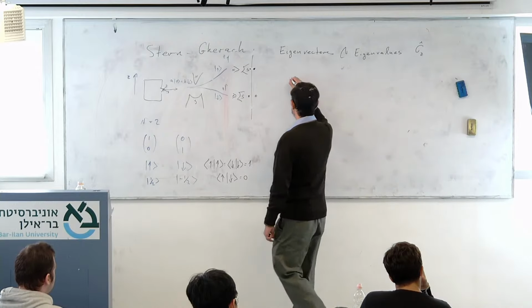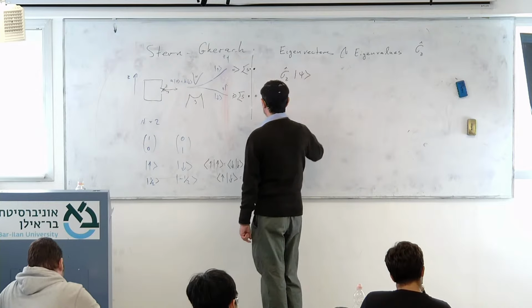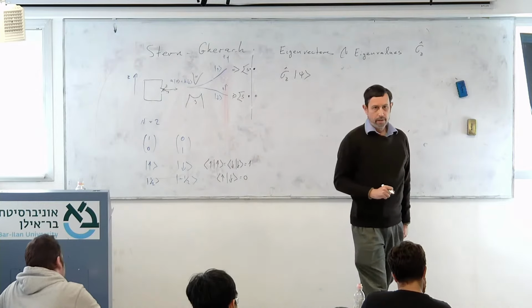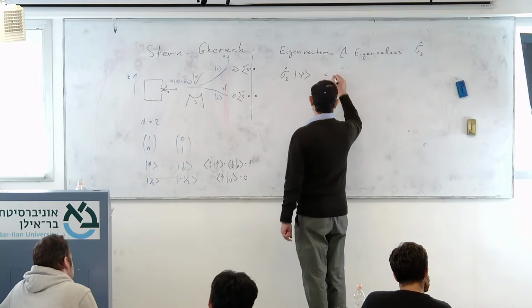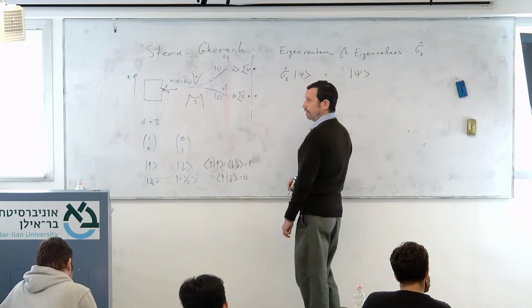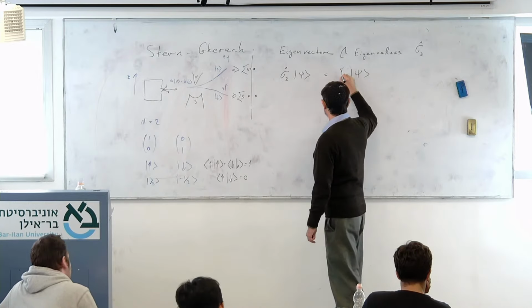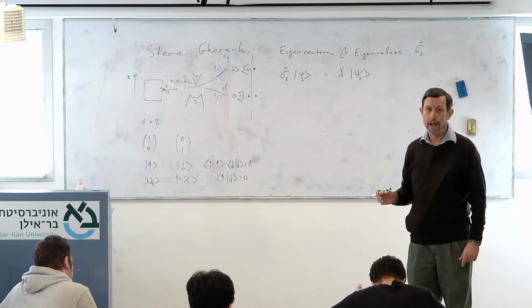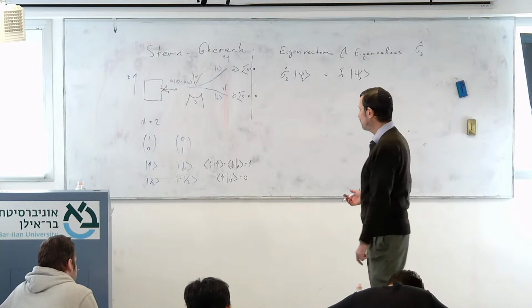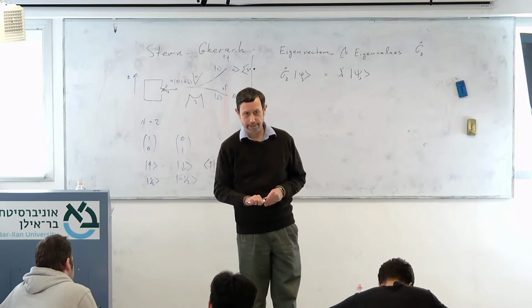If I operate sigma z on some wave function psi, I should get lambda times psi, whatever you choose to call it. Lambda has to be real. Here I know there are only two eigenvalues because my dimension is 2. All this is linear algebra.